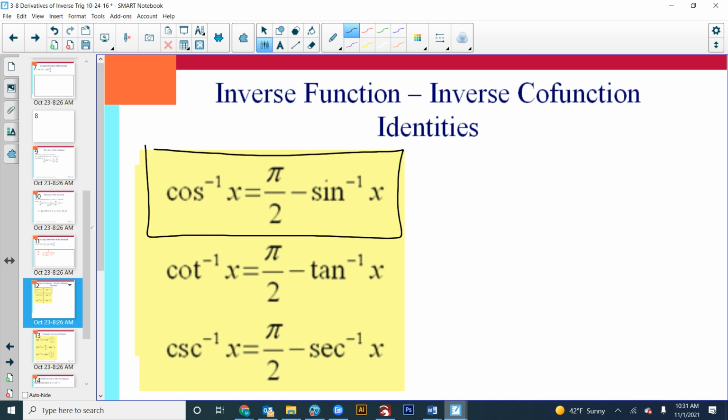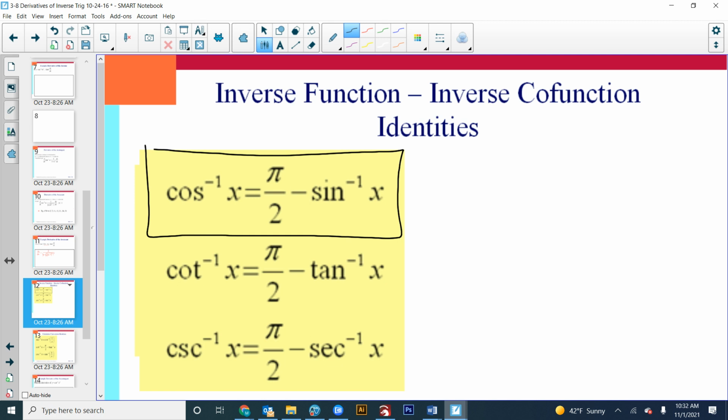Well, what is pi over 2 minus sine inverse of x? You can write it either way if you allow for the sign, correct? Isn't this a vertical translation of pi over 2? Are you with me? This is not a calculus statement. This is a pre-calculus statement. You don't have to write these down. I'm showing you where it comes from.